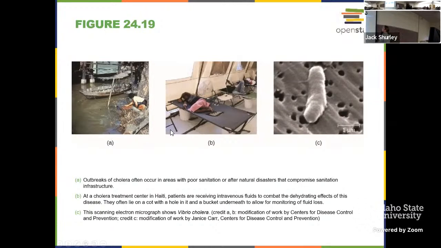This next one is always something that just disturbs me. Cholera is a bacterium that plagues humanity. It causes all sorts of issues, potentially fatal issues. We oftentimes think about poor sanitation, issues that set the stage for this microbe to thrive and to potentially become infectious to us.